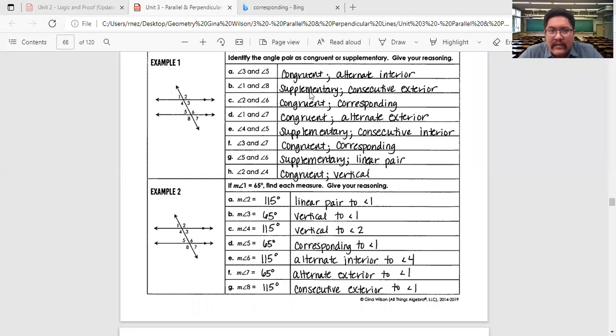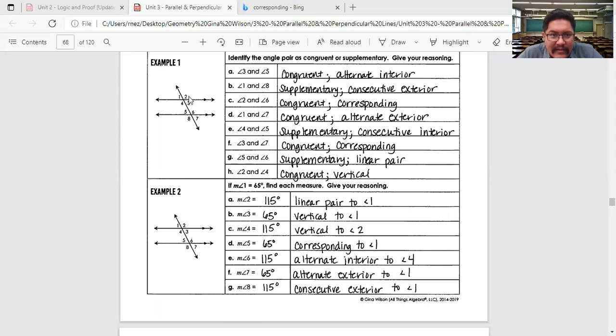All right, so next one, 1 and 8. Well, those would be supplementary. In fact, I gave that exact same pair of angles as the example for the supplementary example. Anyway, let's see, 2 and 6.